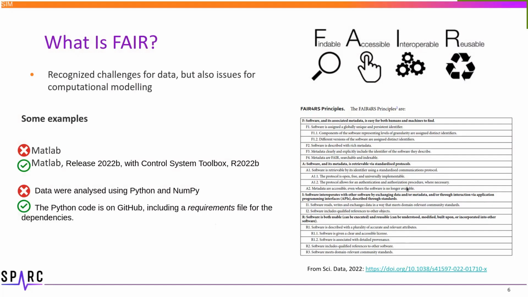Here is an example from a paper that discusses a lot the FAIR principles, especially applied to software and computational modeling. I'm not going to go into the details, but we'll see some practical examples that hopefully will make that more clear.